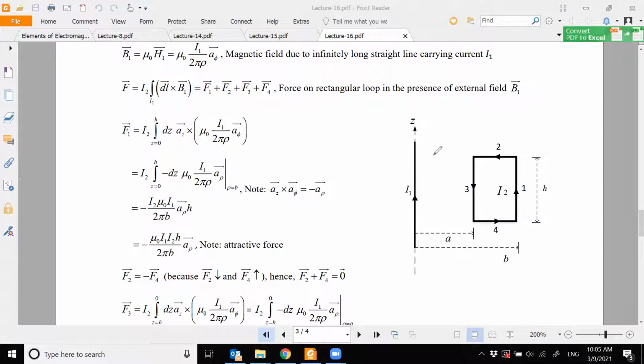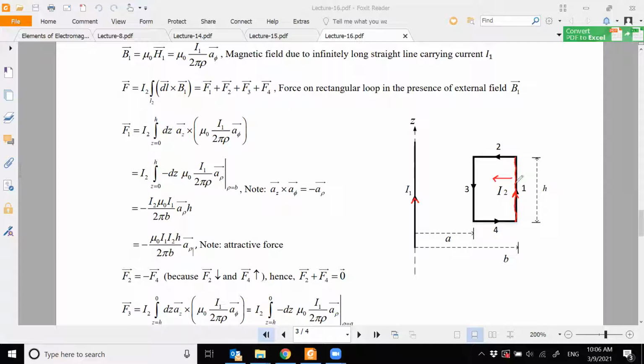If you have a current element carrying current in the upward direction, and there is another current element which is also carrying current in the upward direction, then the force exerted on this small current element due to this one will be in this direction.